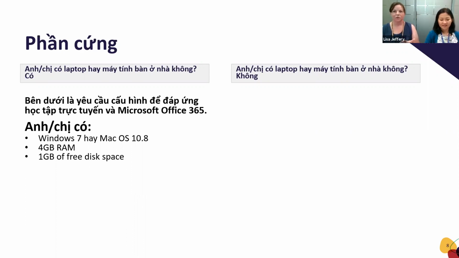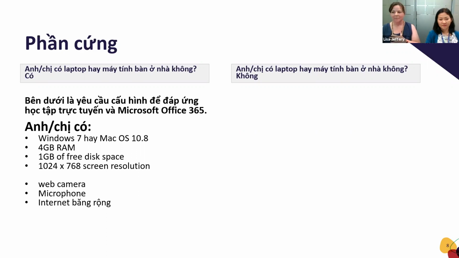And we make sure that they've also got some spare storage on their computer. We also try to make sure that they have sufficient screen resolution to be able to see us and their learning clearly. It's also important that they can engage back with us via a web camera and have a microphone and the internet bandwidth to be able to speak.